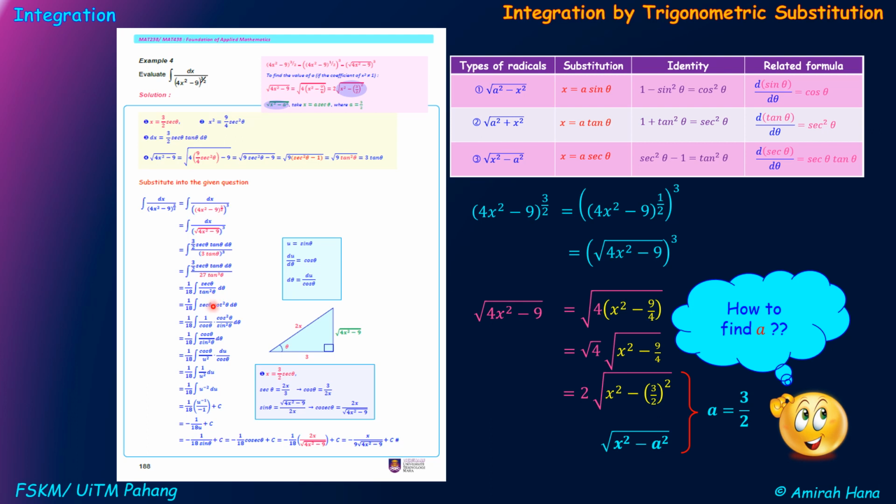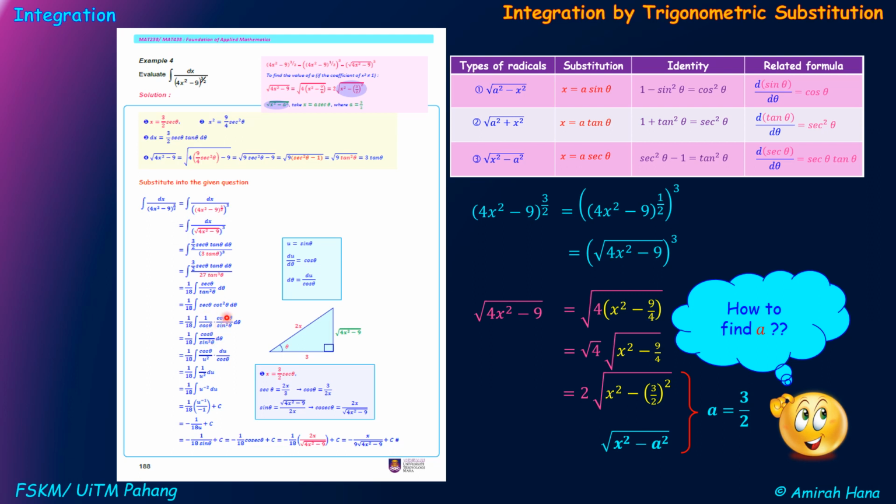Tapi sebelum tu kita nak hilangkan fraction yang over tangent square theta ni boleh tulis times cot square theta. Sebab cot theta adalah reciprocal function for tangent theta. So kalau tangent square theta ni naik atas, dia akan jadi cot square theta. Okay, so bila dia bentuk darab, mudah sikit. Okay, and then sebab tujuan tadi kita nak tukar kepada bentuk basic trigo, which is sin theta and cos theta. So yang sec theta ni tukar kepada 1 over cos theta.